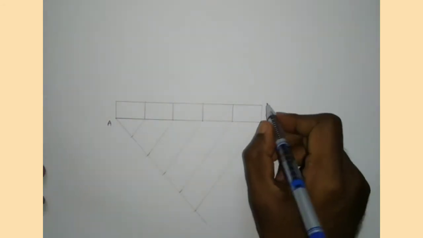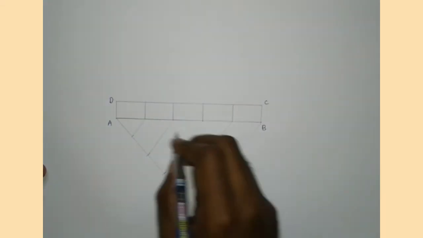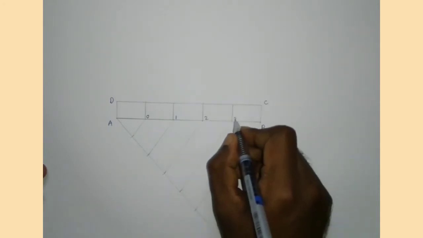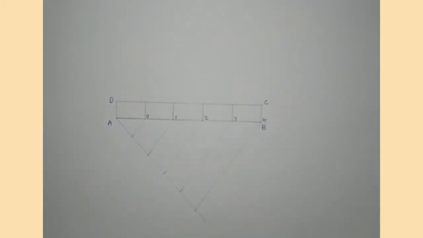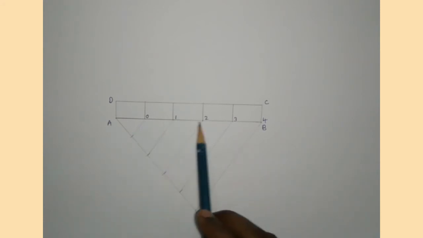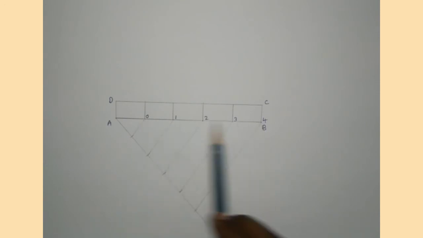I am naming the box as ABCD and marking points as 0, 1 meter, 2 meter, 3 meter and 4 meter. Here now we can mark 1 meter, 2 meter, 3 meter and 4 meter.